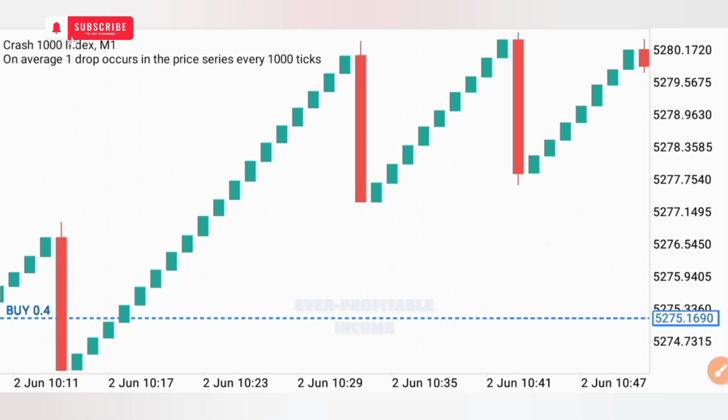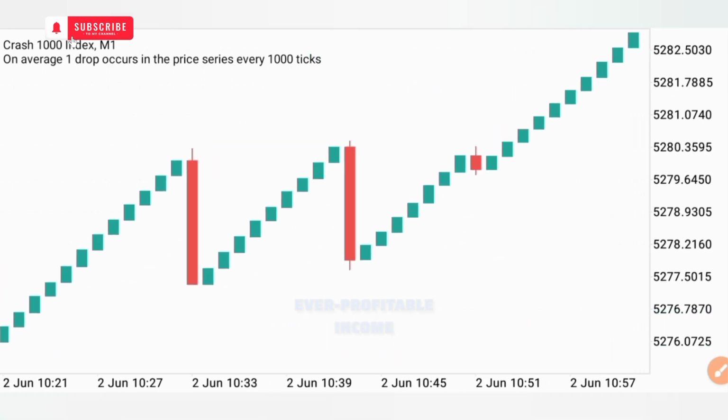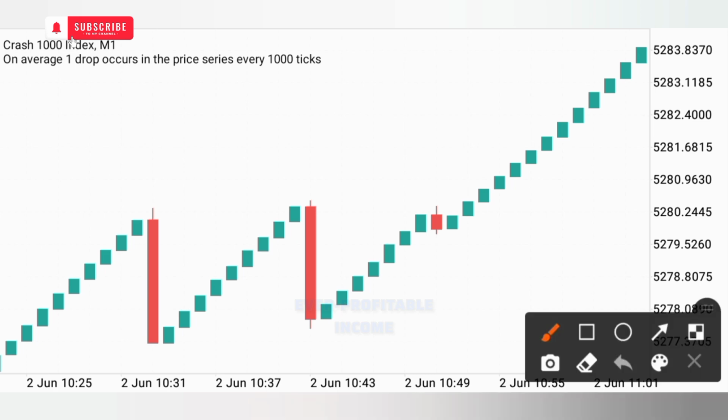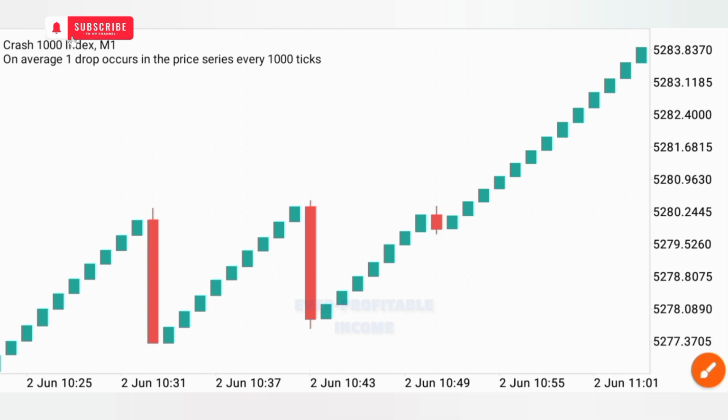1, 2, 3, 4, 5, 6, 7, 8, 9, 10, 11, 12, 13, 14. Then we'll come over here to continue without that spike. So 14, 15. We're continuing at this level after the spike. 15, 16, 17, 18, 19, 20, 21, 22, 23, 24, 25, 26, 27, 28.